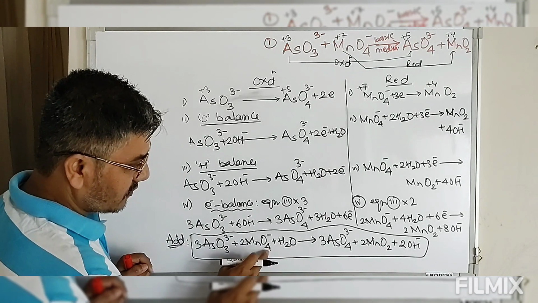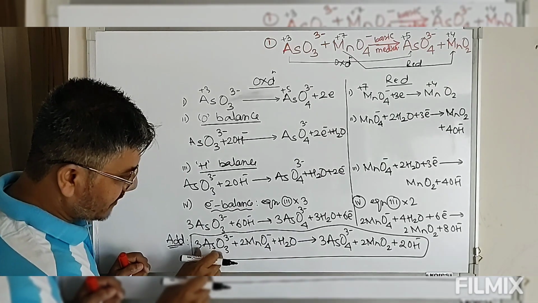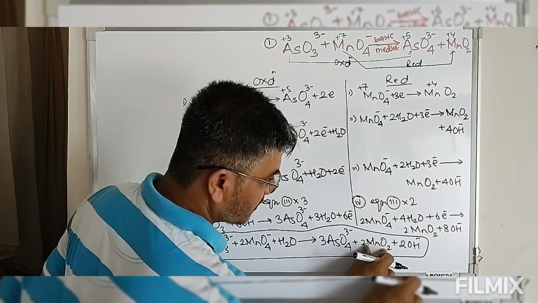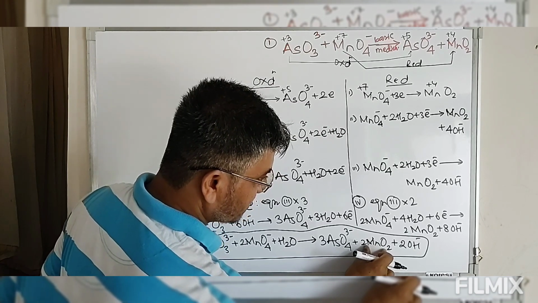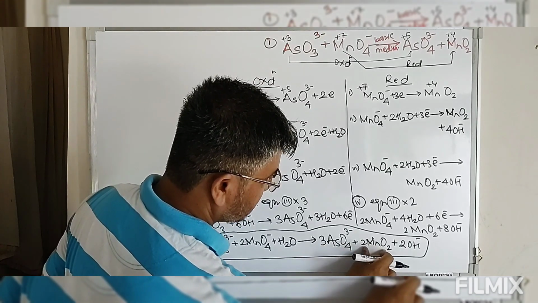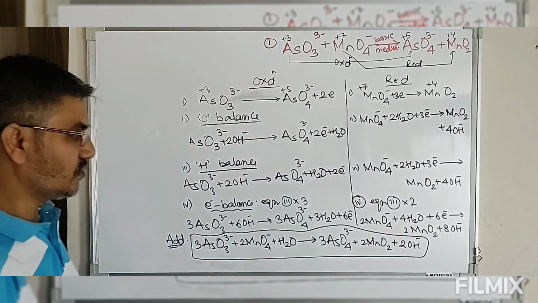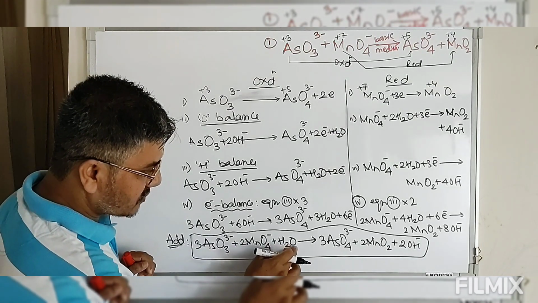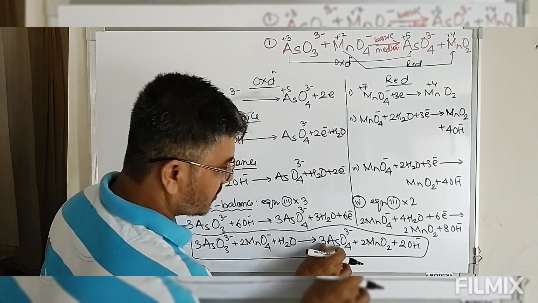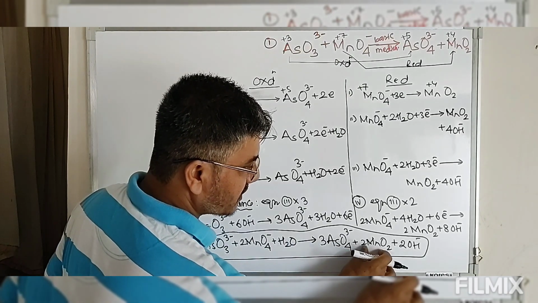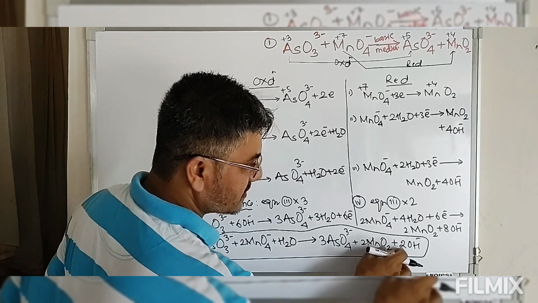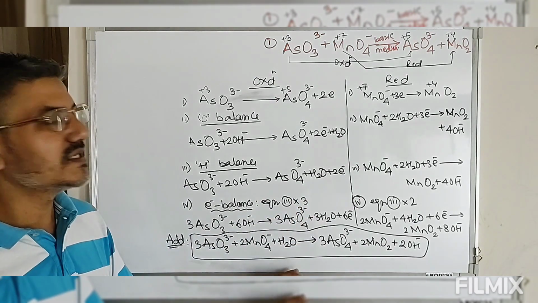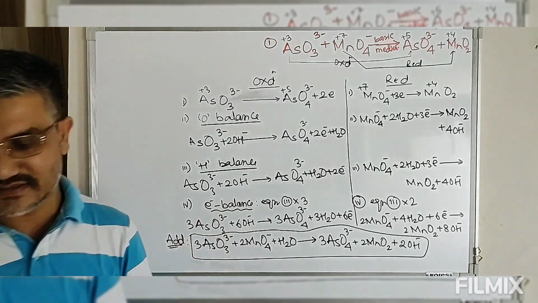So on the left we have 3 into 3 is 9, 9 plus 1 is 10, 10 plus 8 is 18. On the right, 3 into 4 is 12, 12 plus 4 is 16, 16 plus 2 is 18. So all the components are completely balanced. So this is a complete balanced reaction.